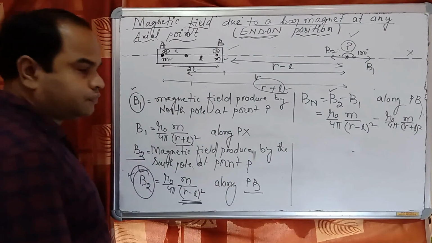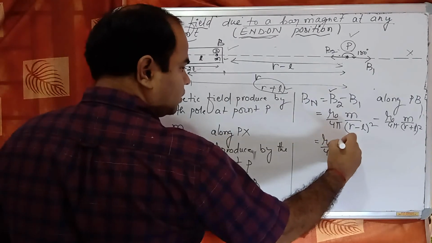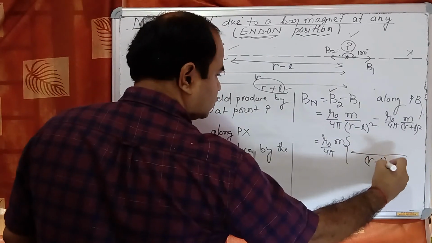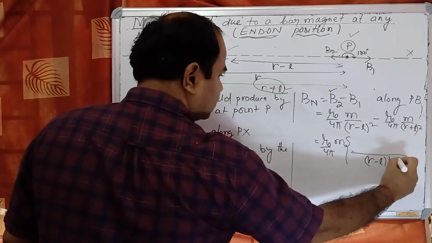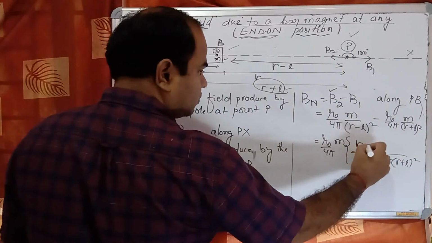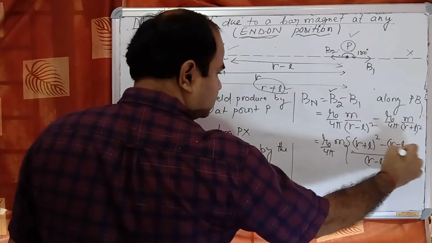Taking mu naught by 4 pi m common outside, the LCM is r minus l the whole square times r plus l the whole square. In the numerator we have r plus l the whole square minus r minus l the whole square.